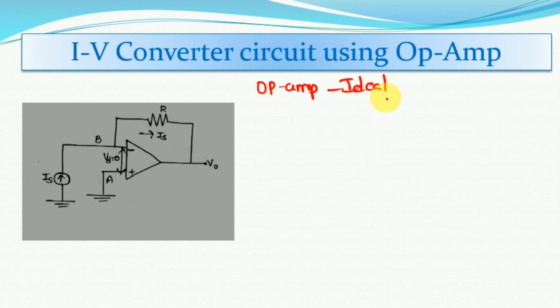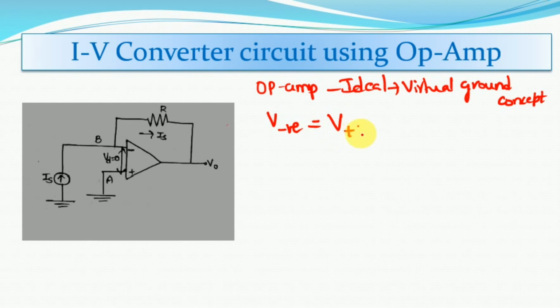If the op amp is operating in ideal condition, it follows the virtual ground concept. The virtual ground concept is nothing but the node potential at the inverting terminal of the op amp is always equal to the node potential at the non-inverting terminal of the op amp, or in other terms, the difference voltage between the inverting terminal and the non-inverting terminal is always zero.